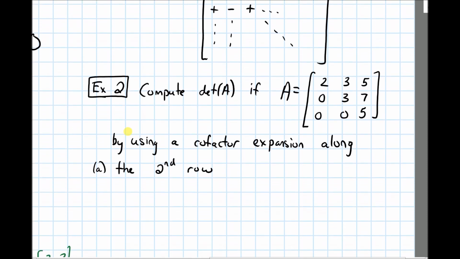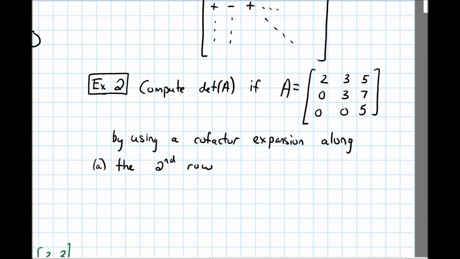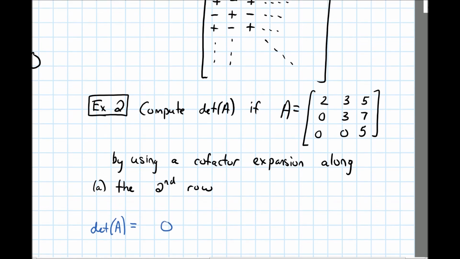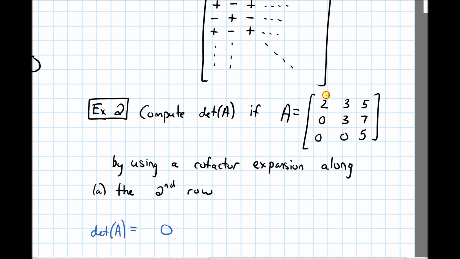So what does that look like? If I expand along the second row, let's write out what the determinant is. What I begin by doing is, I take the first element of that row, which is a 0. And then I have to figure out the sign that is associated with it. Actually, let me just draw another corresponding matrix so I don't clutter this.